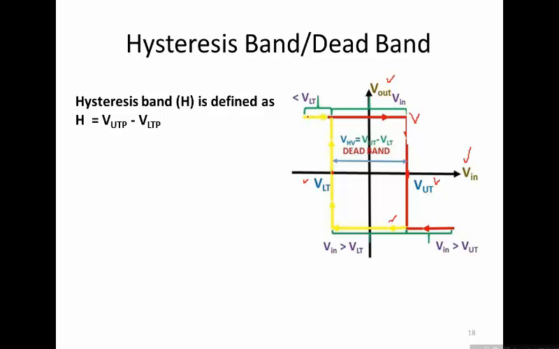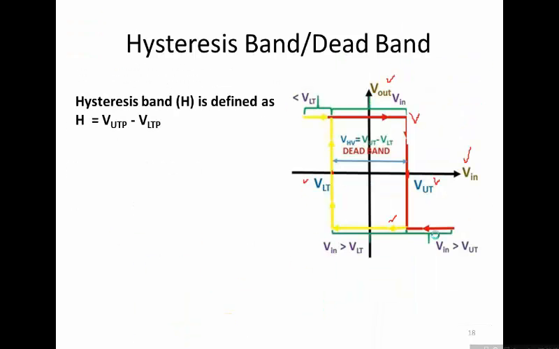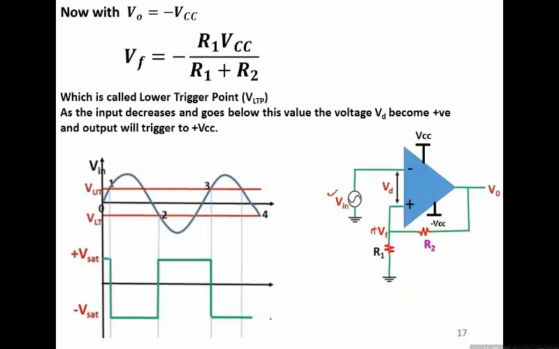Again, when the output goes to positive level, it returns to the negative level only when the input crosses the upper trigger point. So when the input crosses the upper trigger point, the output becomes negative, and when the input crosses the lower trigger point, the output becomes positive.